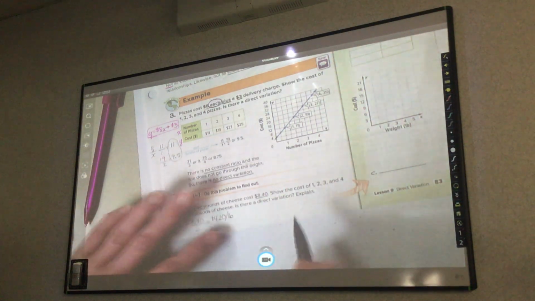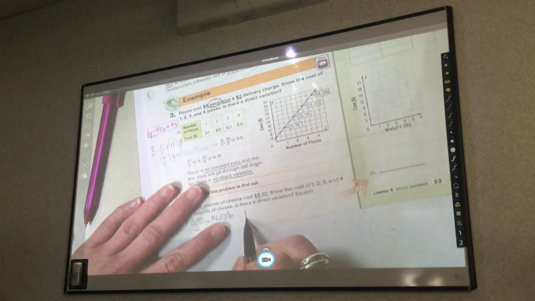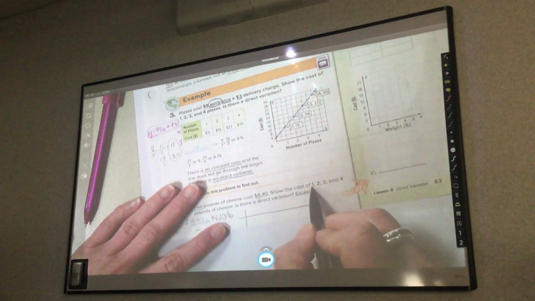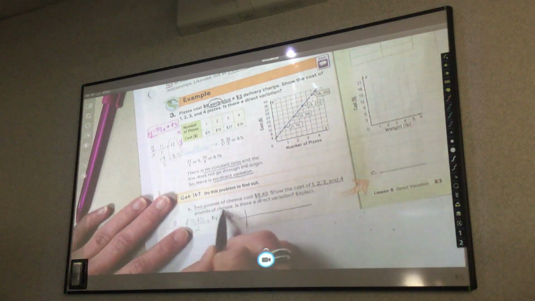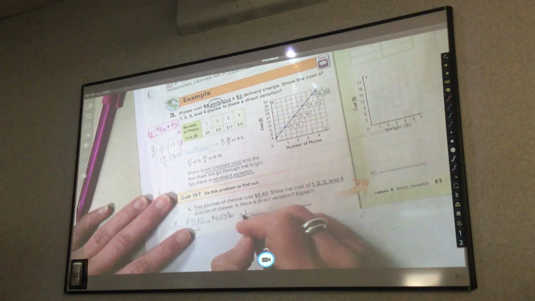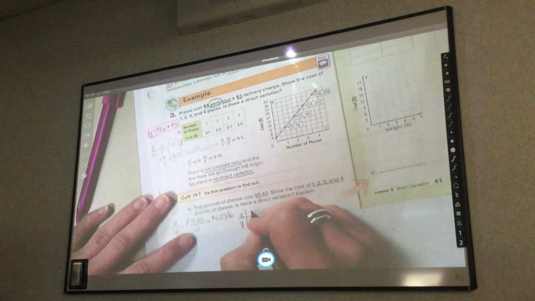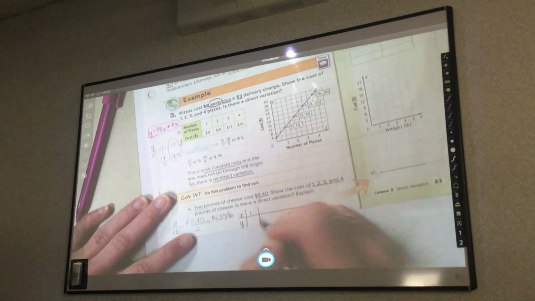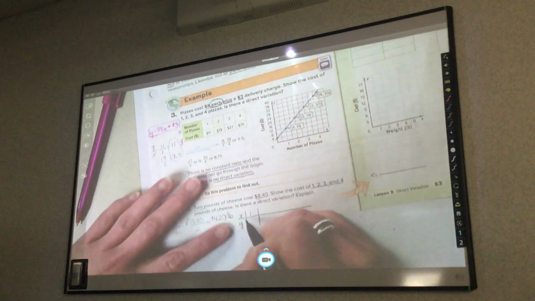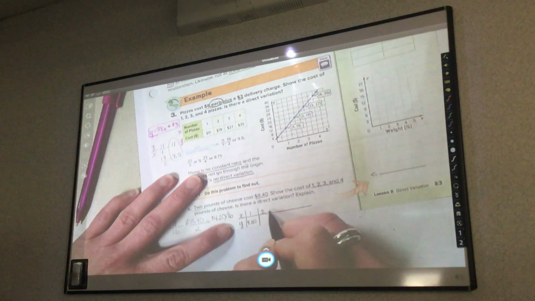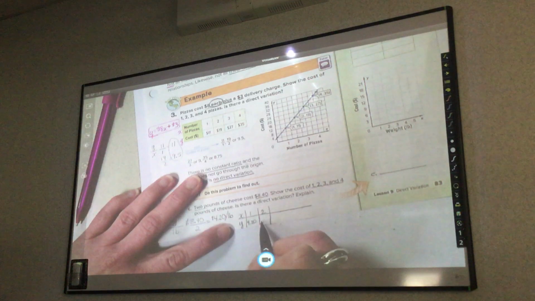Yes. So I'm going to create my chart, because it says show the cost of 1, 2, 3, and 4 pounds of cheese. This is my X, this is my Y. X is 1, so for 1 pound, we already found that it was $4.20. For 2 pounds, it already told us it was $8.40.